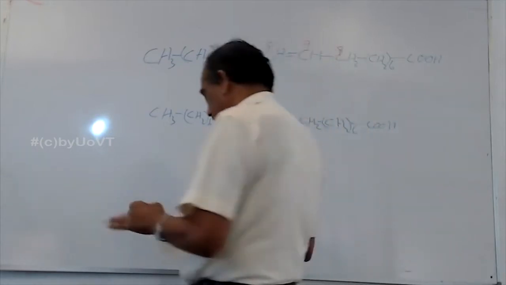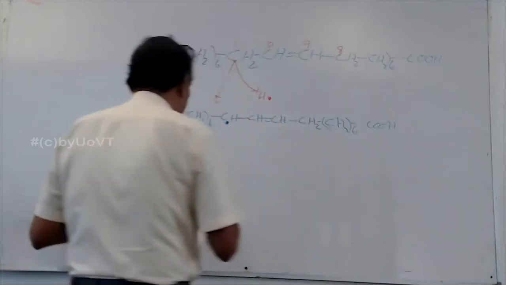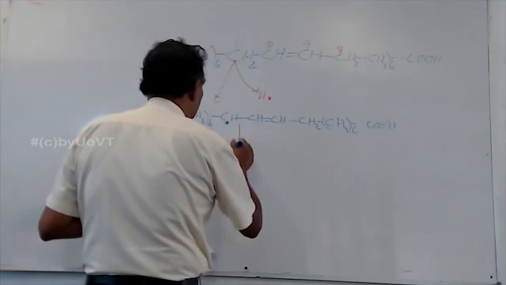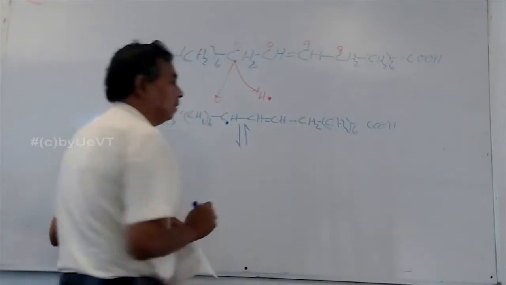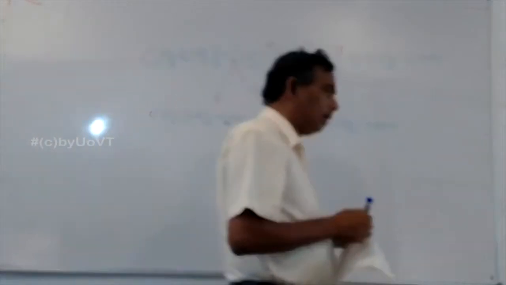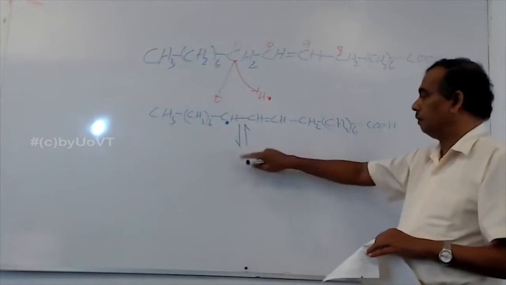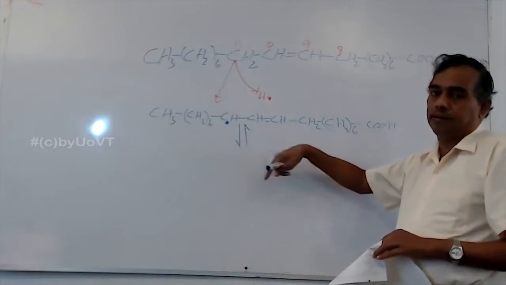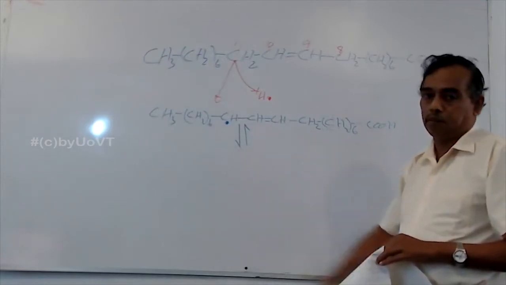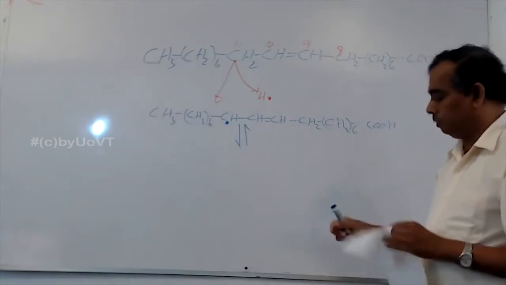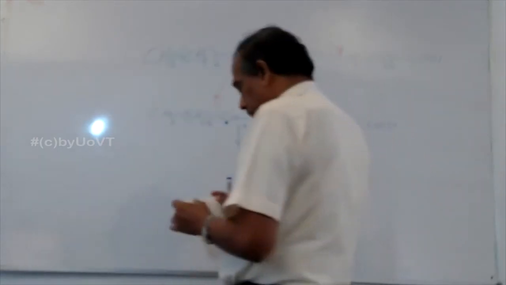So what is the product? Due to rearrangement, this is the product. Rearrangement we can explain like this with half arrows, in both ways. Time to time, both ways. Right? So this is the product.